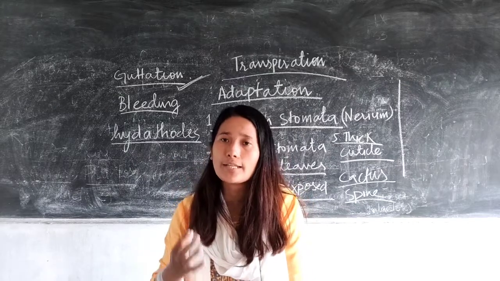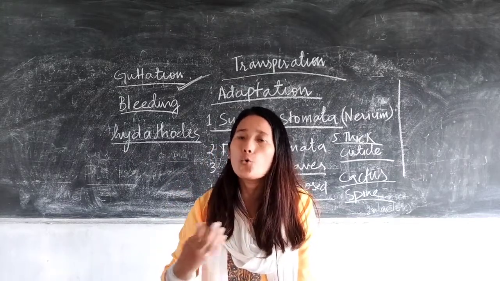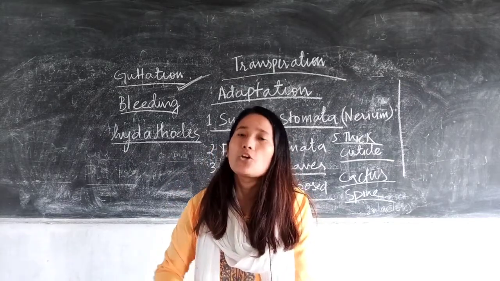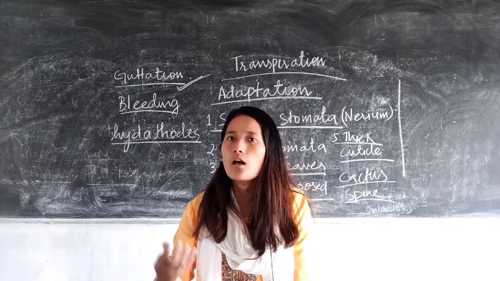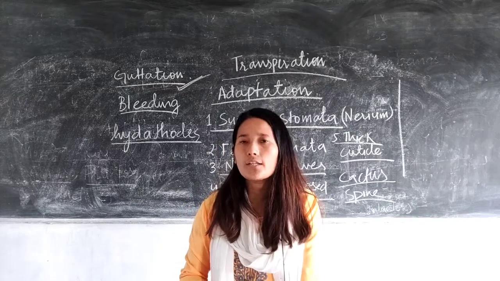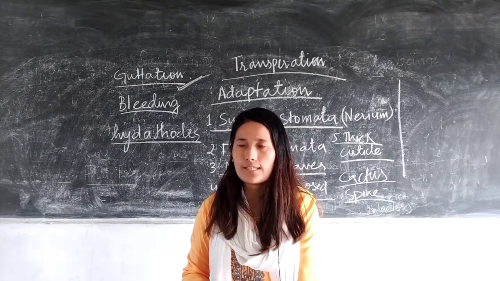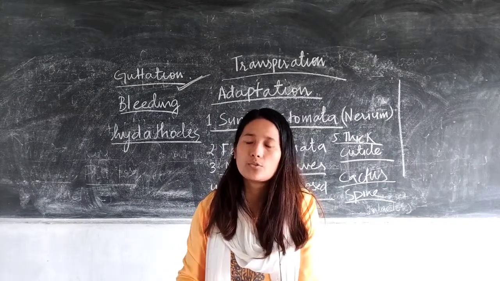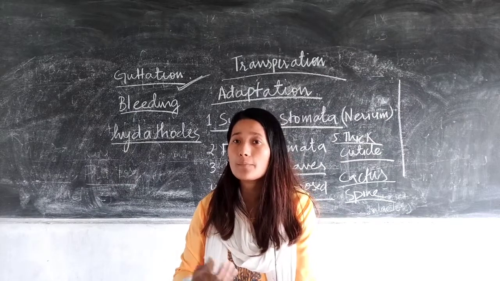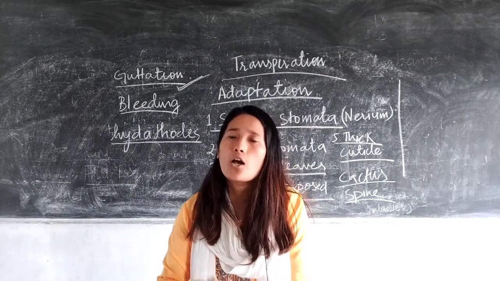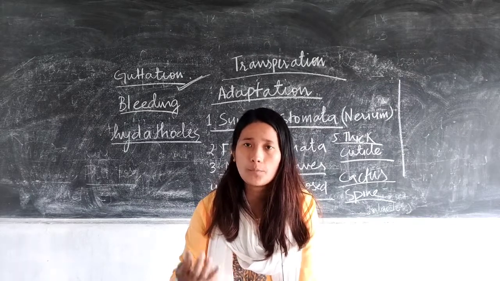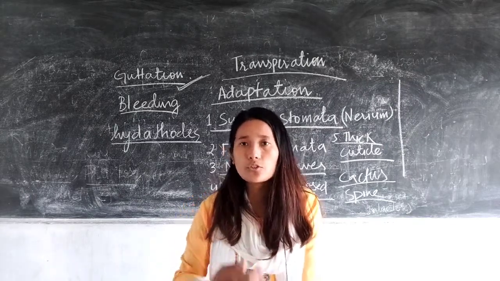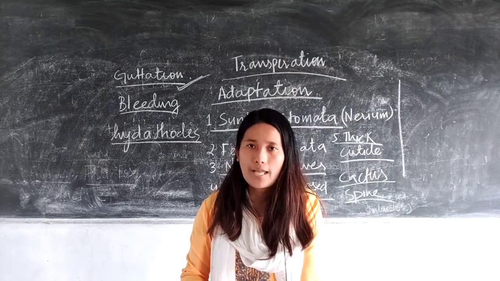That's also the release of water, because cell sap means water along with a combination of minerals. Sometimes accidentally and sometimes knowingly, people cut off the shoot for grafting or cutting purposes. At that time also the water oozes out of the plant.